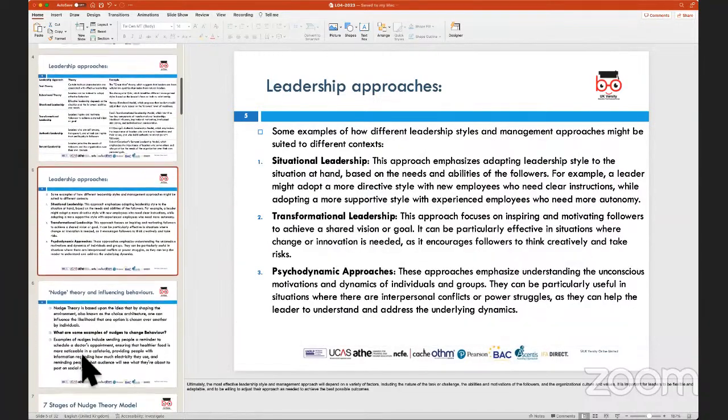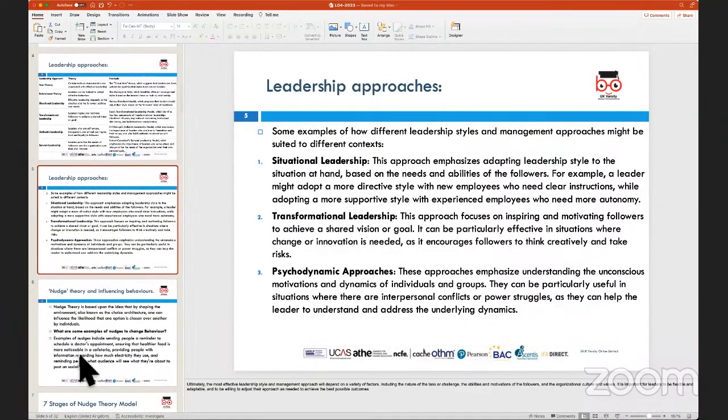Now, for the purposes of the indicative content, there are three which are mentioned primarily when we look at change management. One of them is situational leadership. Situational leadership depends on the situation or the problem or issue the company is faced with, and the leader would look at using what is called situational leadership.